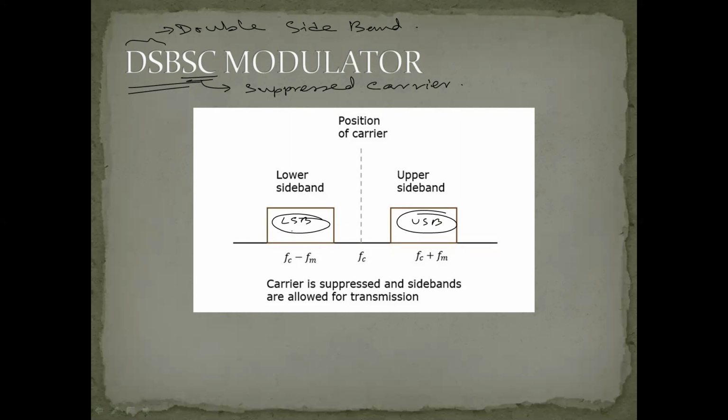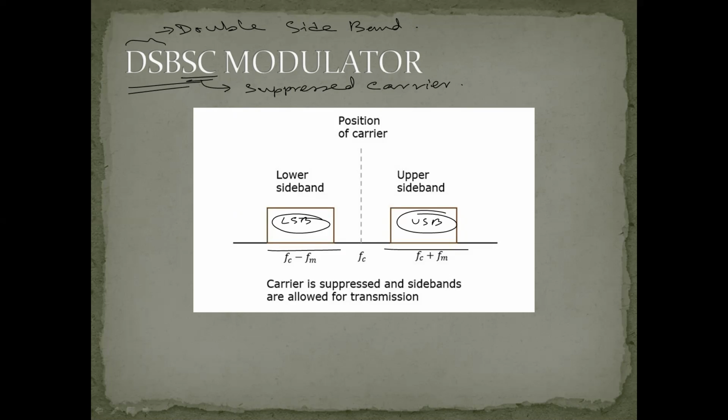The transmission of such a signal which contains a carrier along with two sidebands, see, in this modulation two sidebands are generated, can be termed as double sideband suppressed carrier modulation.